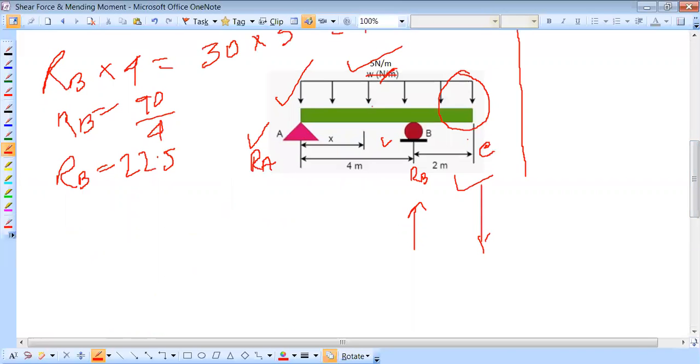In a similar way, we can find out this point. Then UDL: how much at point B, and UDL is equal to how much? This we already found, and this will be 4 into 5, 20.